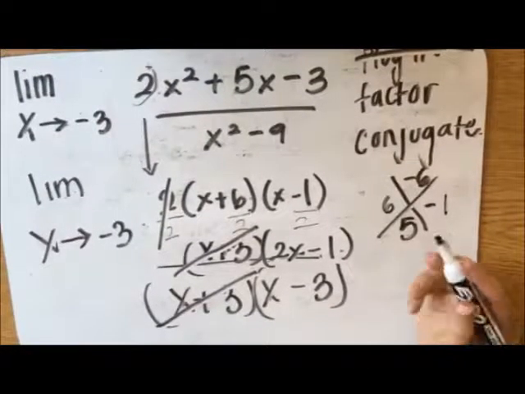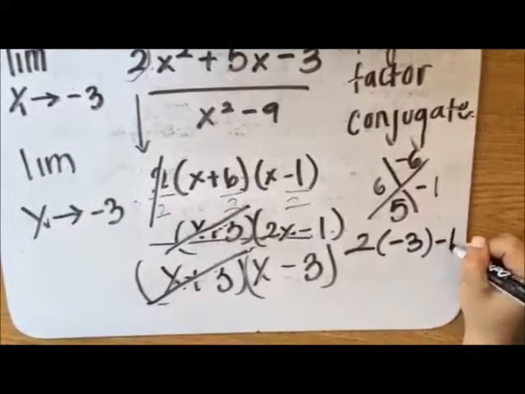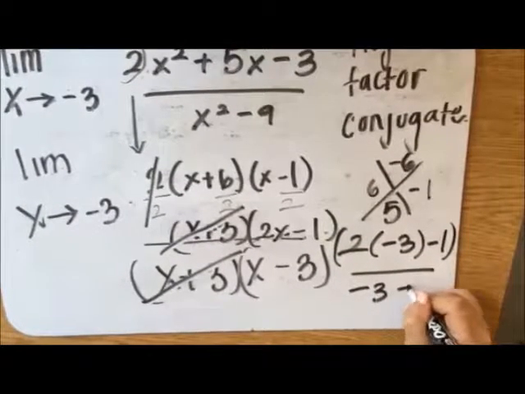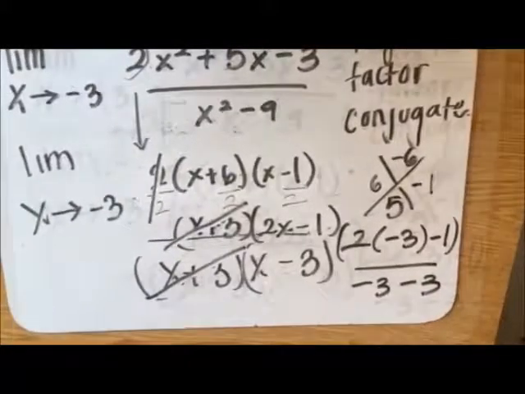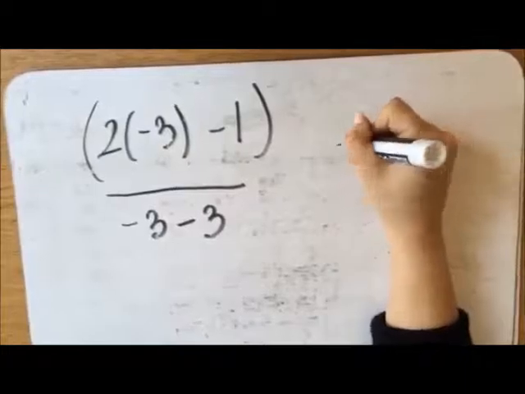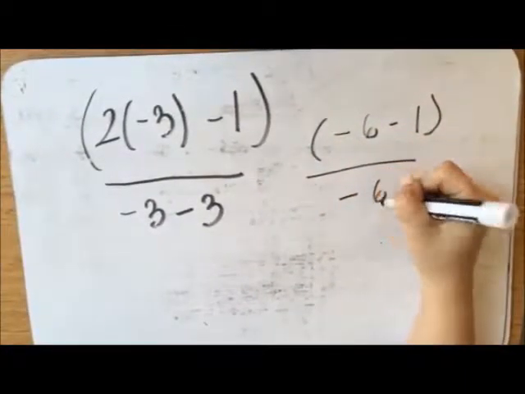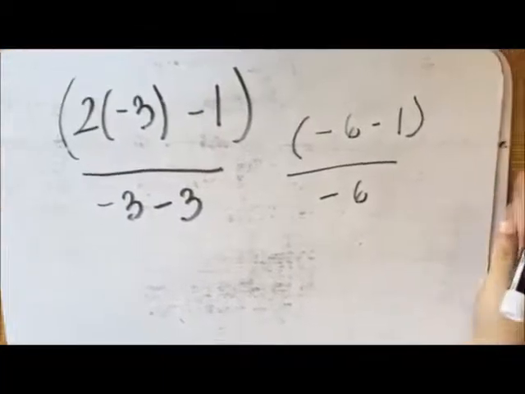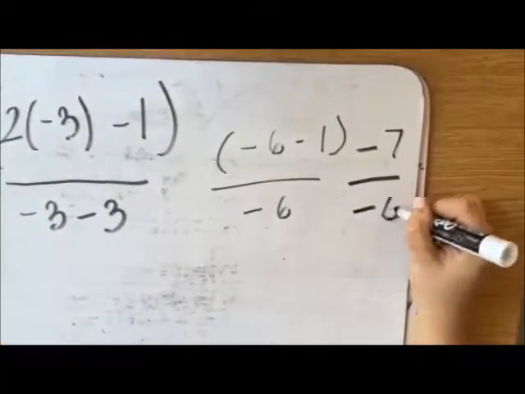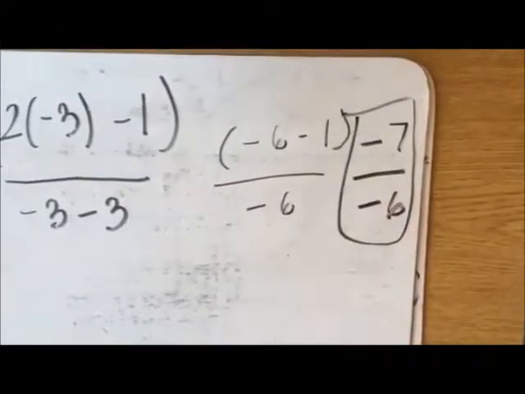And now we're going to directly plug in negative 3: 2 times negative 3 minus 1 over negative 3 minus 3. So now we're going to have negative 6 minus 1 over negative 6. Negative 6 minus 1 is equal to negative 7 over negative 6. And then this is your answer.